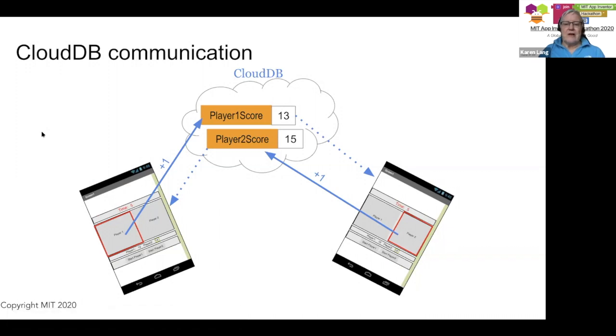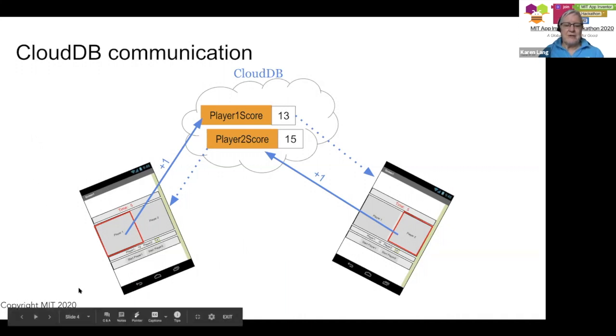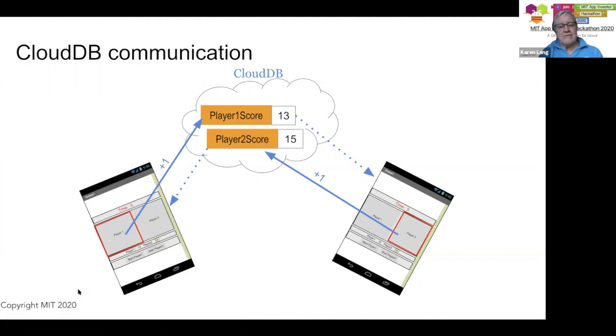This is just to give you a visual of how you might play a game and update it. In this case, it's called the 2-button game. We've got 2 buttons, and player 1's on the left, and they're just tapping the player 1 button as many times as they can. The one on the right is tapping player 2 as many times as they can.